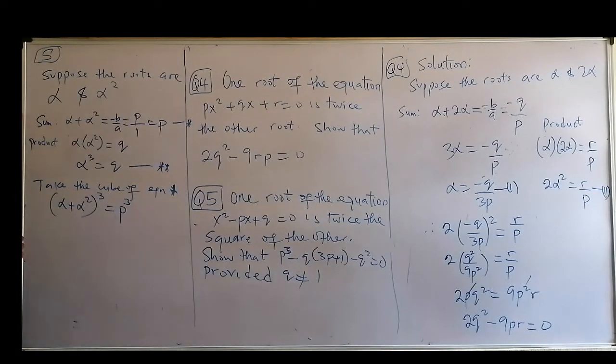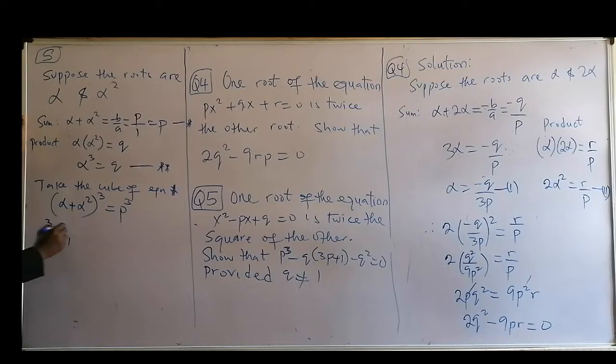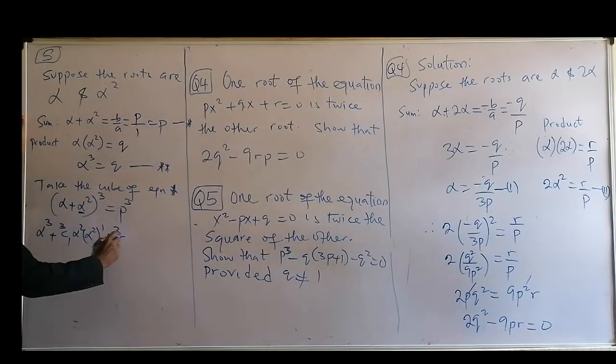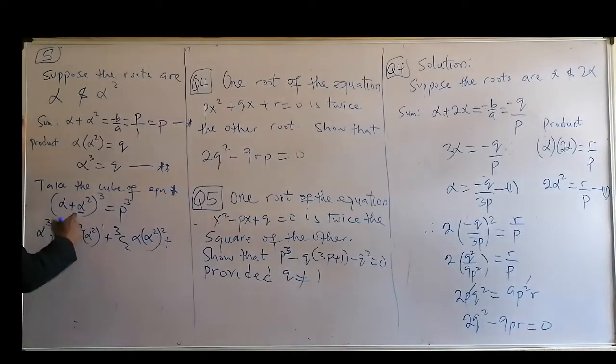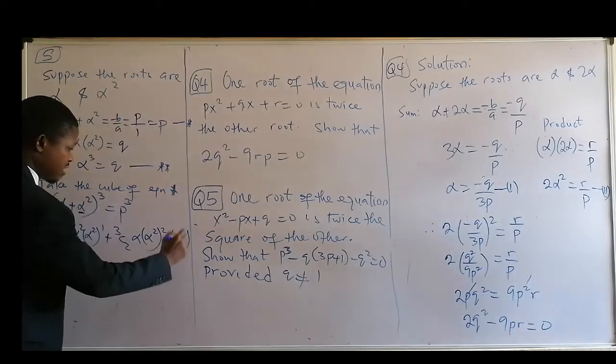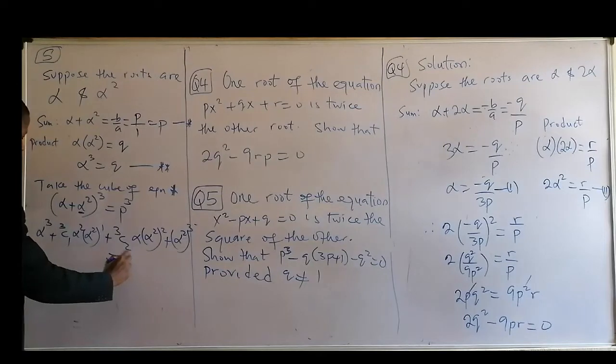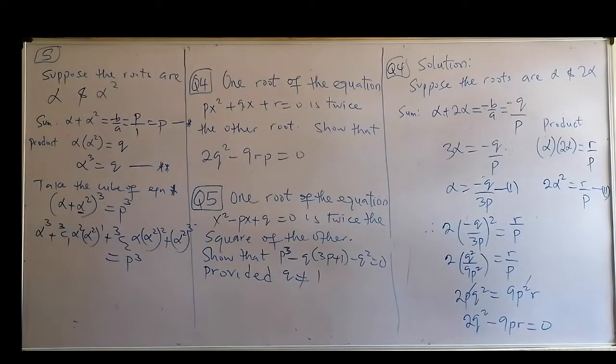And that will be equal to, I'm going to use binomial expansion. That will be equal to alpha cubed plus 3 combination 1, this one reducing in power, and this one coming up as alpha square power 1. Then 3 combination 2, this reducing alpha, and this increasing alpha square power 2. And finally, alpha square power 3, equal to p cubed.